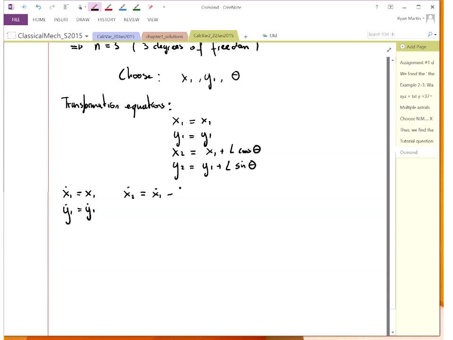And then d by dt of L cos theta, in fact we did that earlier, that's minus L sine theta, theta dot. Similarly, y2 dot is going to be y1 dot plus the derivative of L sine theta, which is L cos theta, theta dot. Okay?